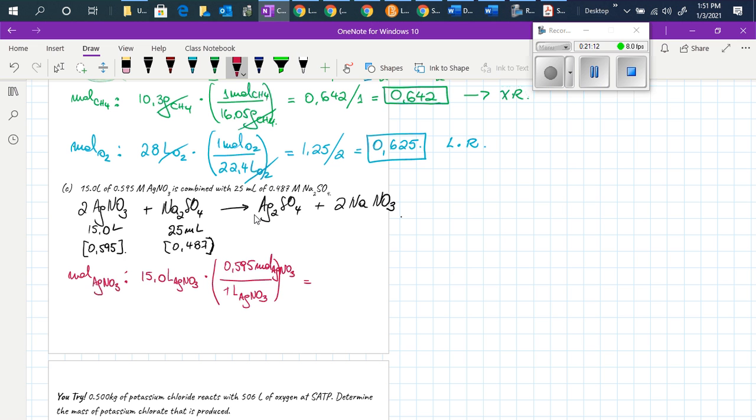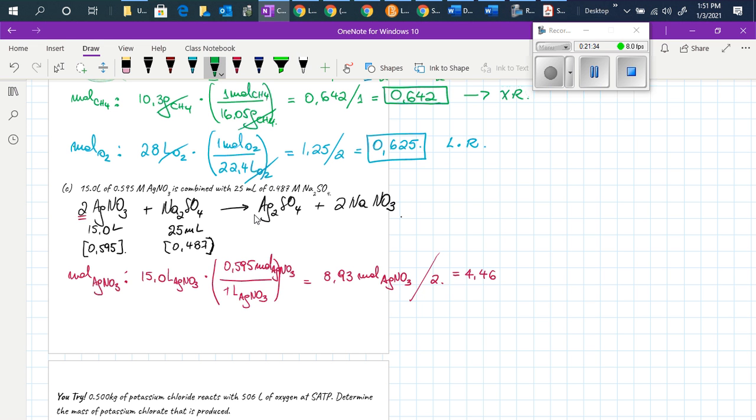So then we will have 8.93 moles of silver nitrate divided by the coefficient of 2, and we will have 4.46 moles of silver nitrate.